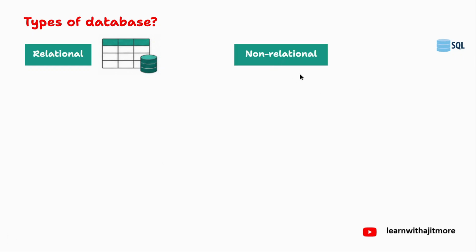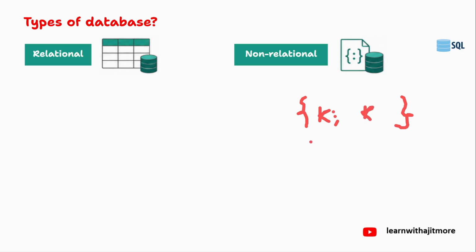Okay? And another is a non-relational database. Everything is kept in the form of documents, I said. It is just a collection of documents, and every document is a key, comma, value pair. So it is not necessary that one doc has two key values, and the next doc may have different key values. Understanding?